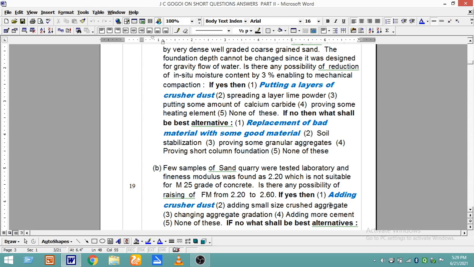Here, if we add 30% of crusher dust, then 2.2 shall go to 2.6.